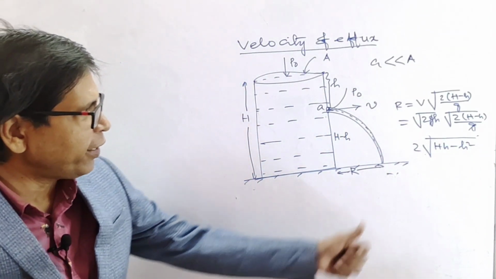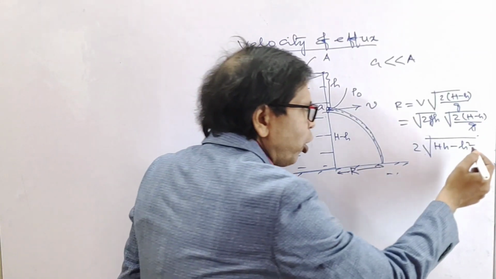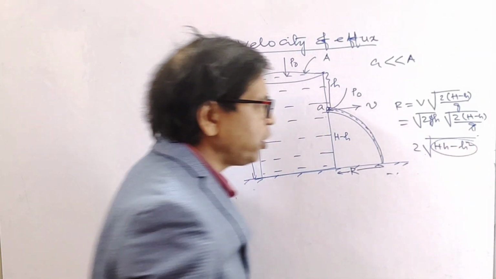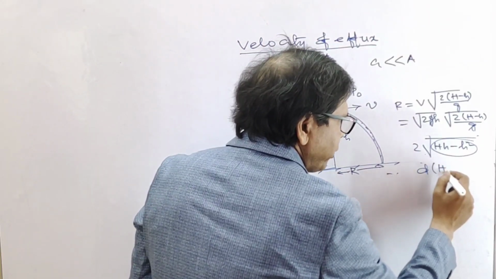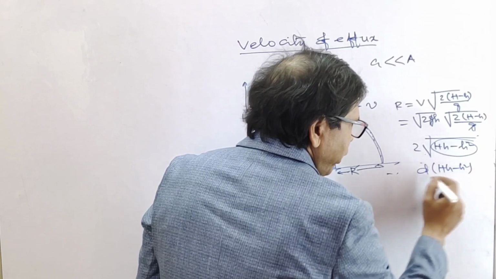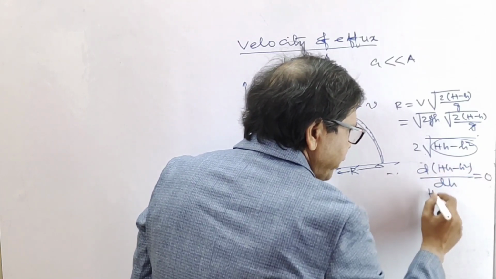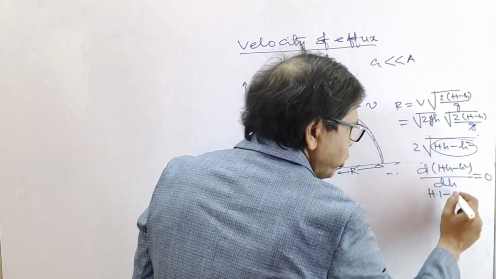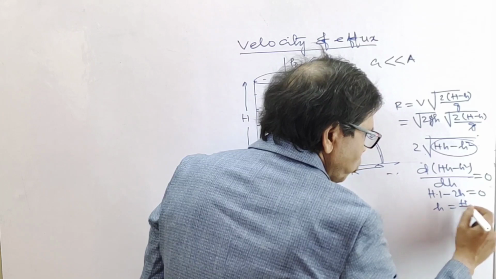Okay, so look at this, the range becomes maximum if the differentiation of this with respect to small h is equal to 0. This is d of Hh minus h square with respect to h is equal to 0. So H into 1 minus 2h equals 0. So h is H by 2.